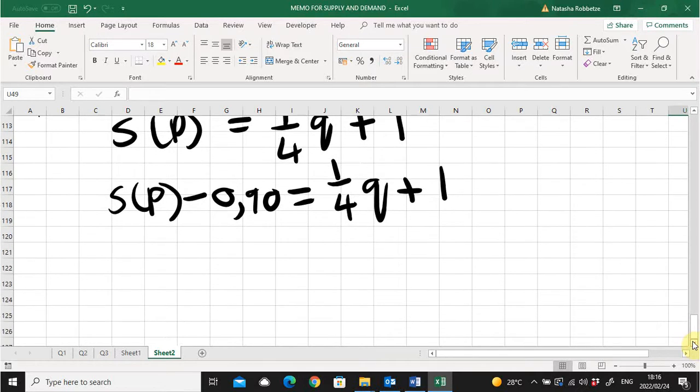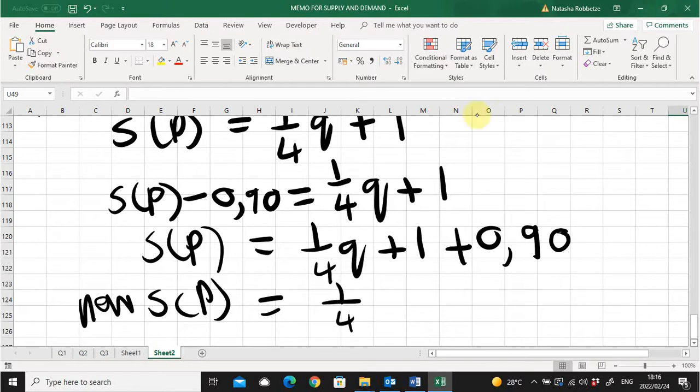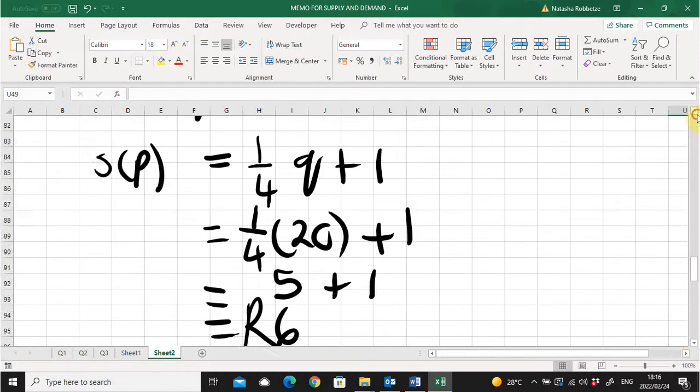Now the figures need to move to the other side. So the supply price will now be 1 over 4 of the quantity plus 1 plus 0.9, which is 90 cents. And that gives us our new supply price, and that is 1 over 4Q plus 1.90. Right, now we have our new supply. Great.